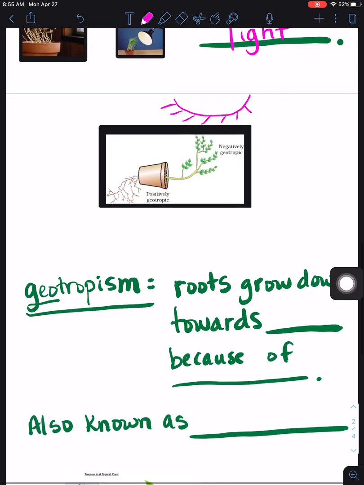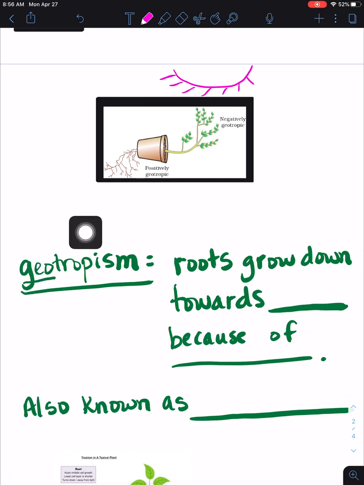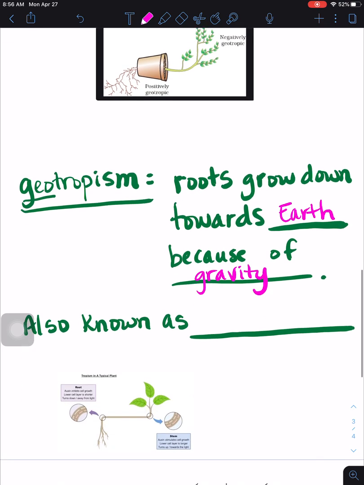Let's talk about them. So geotropism, remember geo means earth. So roots grow down towards earth. Do you know why things go down towards earth? Yes, you do. They go down towards earth because of gravity. So you also will see that geotropism is also known as gravitropism.